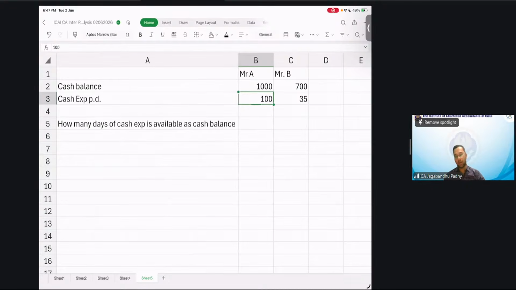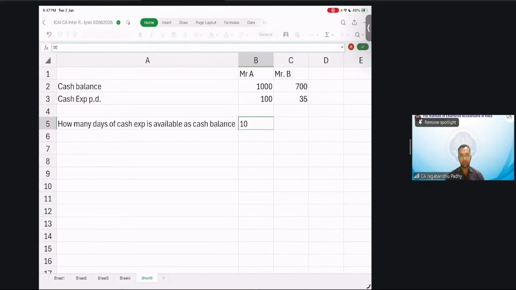Every day you have 100 as an expenditure, you have got 1,000. So for how many days are you going to survive on this cash? Mr. A is going to survive for how many days, guys? If the cash balance is 1,000 and cash expense is 100 per day. 10 days. Absolutely right, guys.